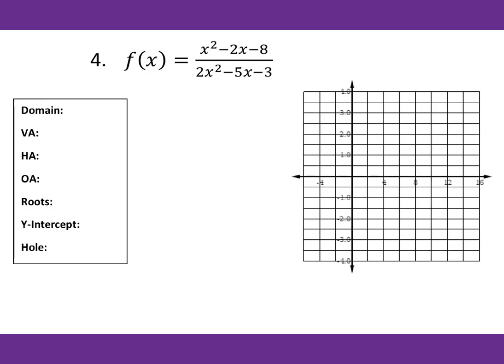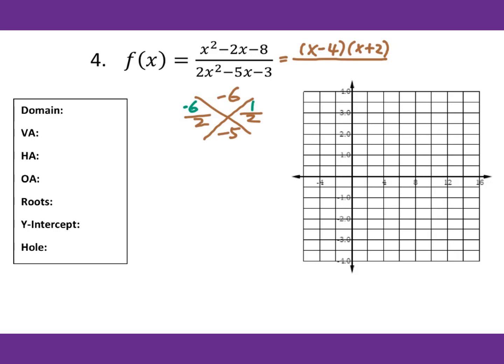Now let's go to number 4. First of all, we need to factor these rational functions. We get x minus 4 times x plus 2. For the denominator, we do the ninja method: 2 times negative 3 is negative 6, and the factors of negative 6 add to negative 5, so we get negative 6 and 1. Negative 3 over 1.